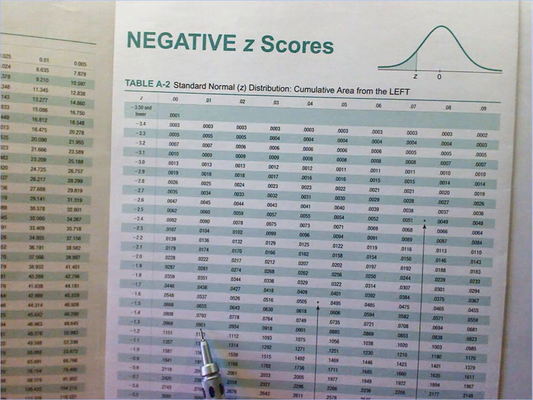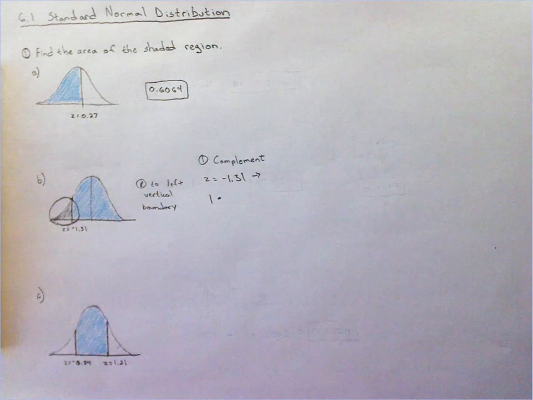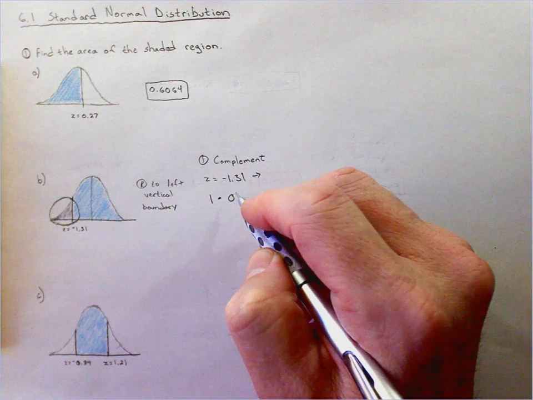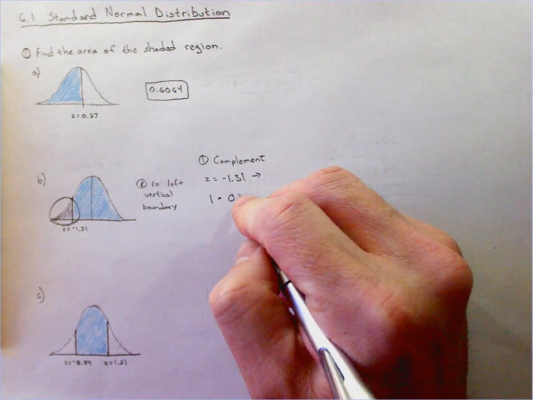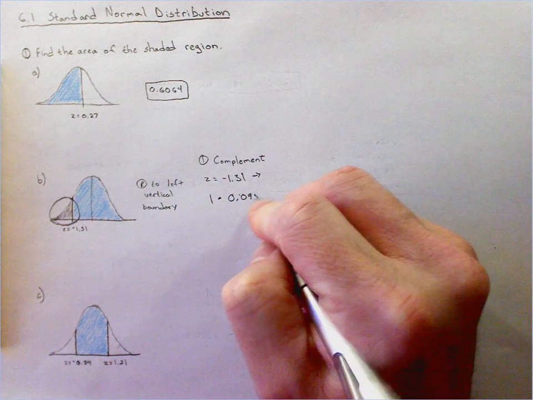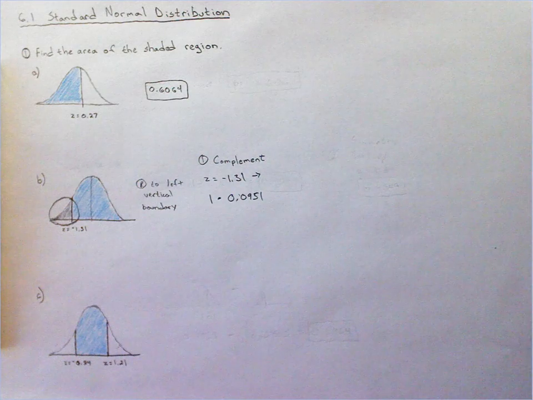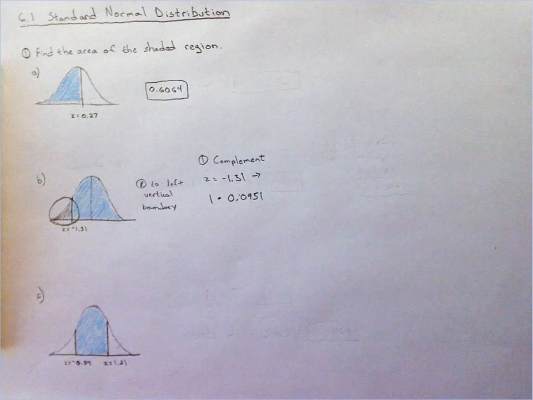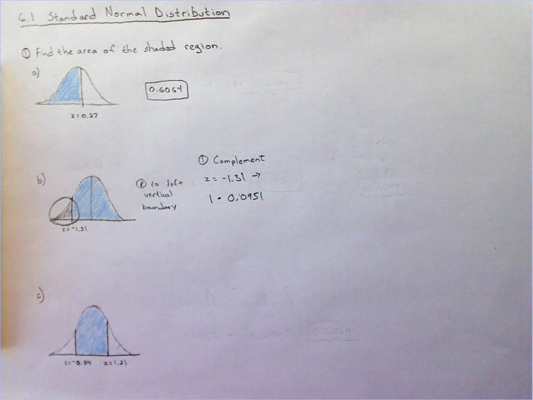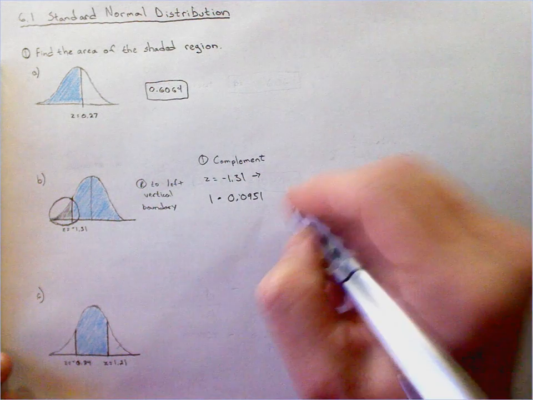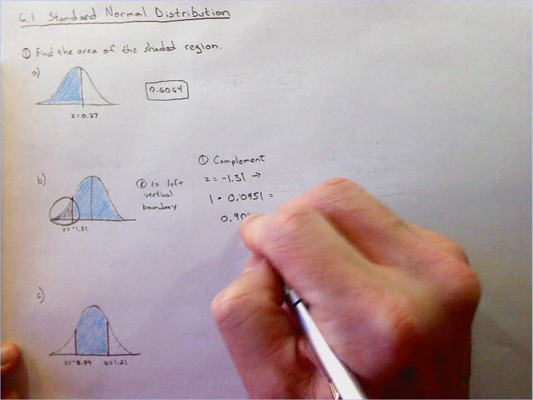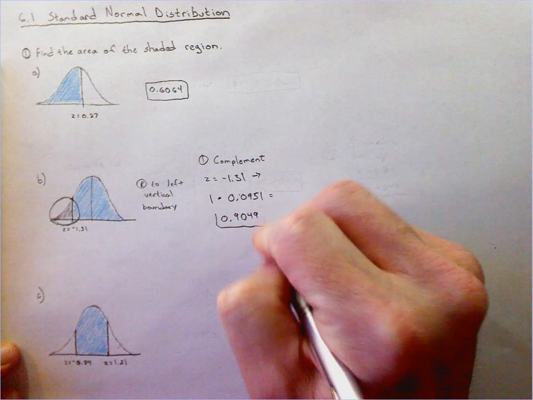And that gives me 0.0951. And then I have to make sure to use a calculator. Oftentimes I just get in a hurry and like to just try to go through, and I will mess up some numbers. This equals 0.9049. Okay, so that's one way to do it.